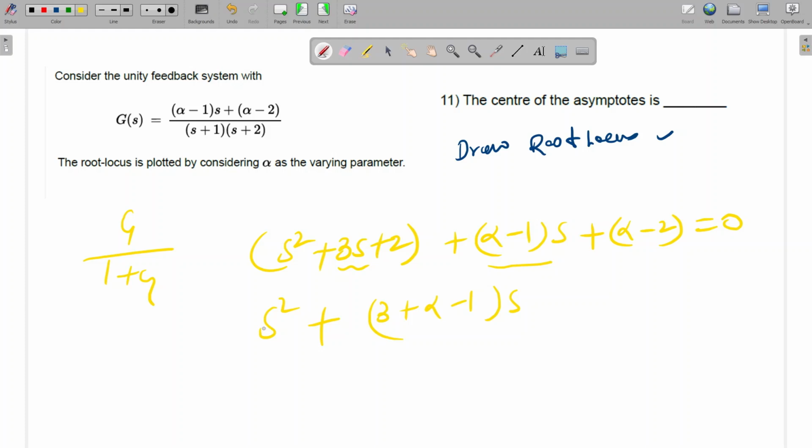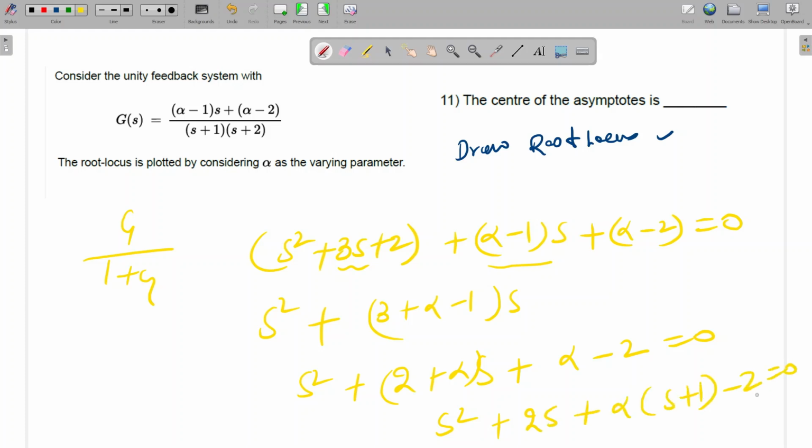We can write 3 plus alpha minus 1 as 2 plus alpha, so it is s square plus (2 plus alpha)s plus alpha minus 2. If we take alpha common here, it becomes s square plus 2s plus alpha s plus alpha minus 2, equal to 0. Is it correct up to now?